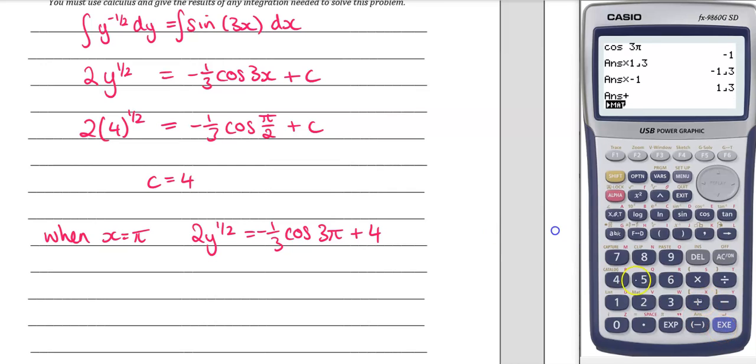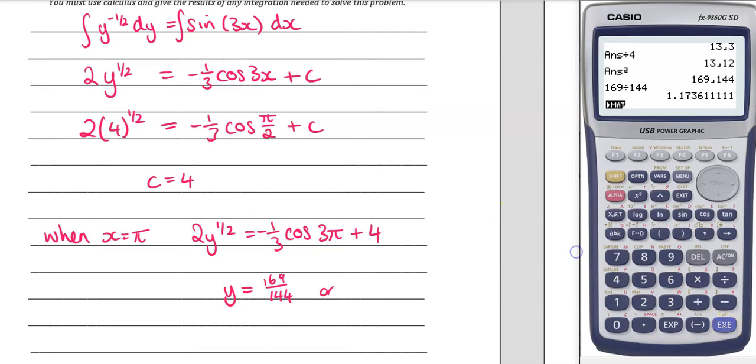Okay, so then add on the 4, divide it by 2, and square it. And just in case you had that as a decimal, it comes to 1.1736, but you should be doing that as a fraction wherever possible.